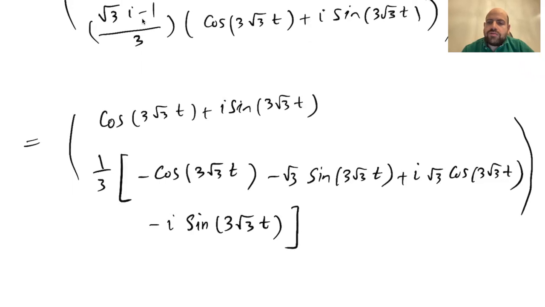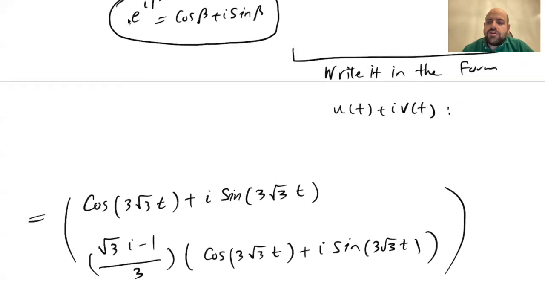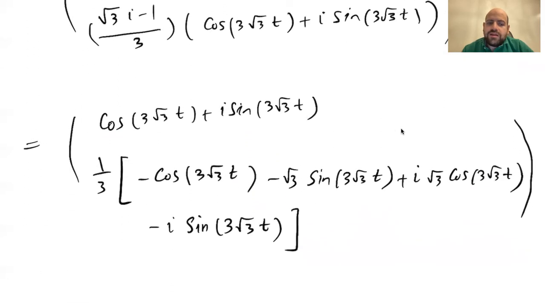Now I want to separate it into u of t plus i v of t, so I want to separate the real part and the complex part.